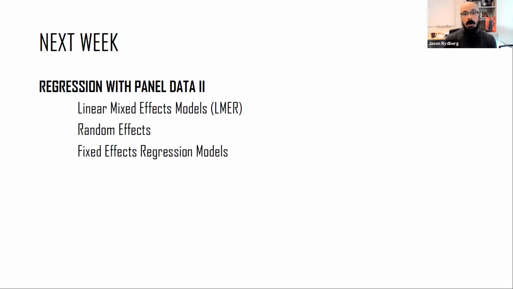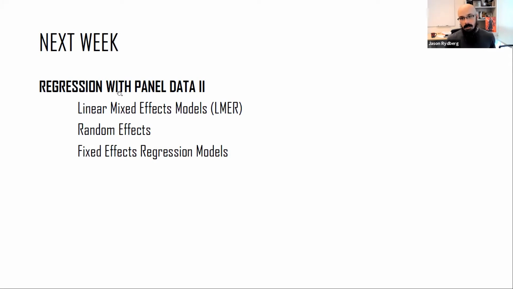We could always do a multi-level model or a fixed effects model that had a different variance covariance matrix. Maybe we should start thinking about how we could be more systematic about parceling out that within unit variance from the between unit variance. And so that's what we'll get into next time.